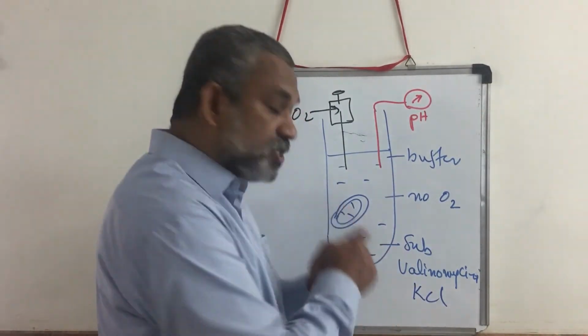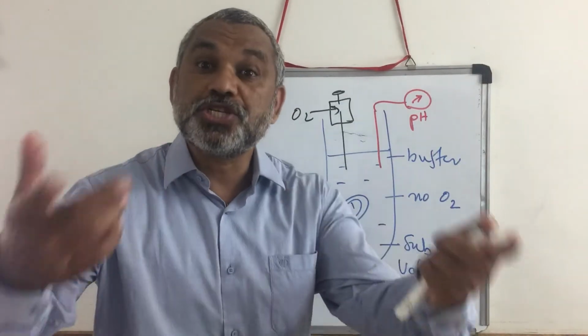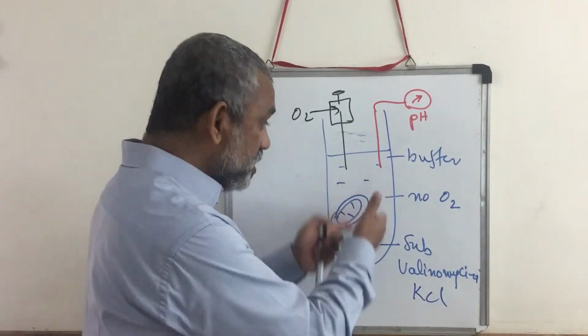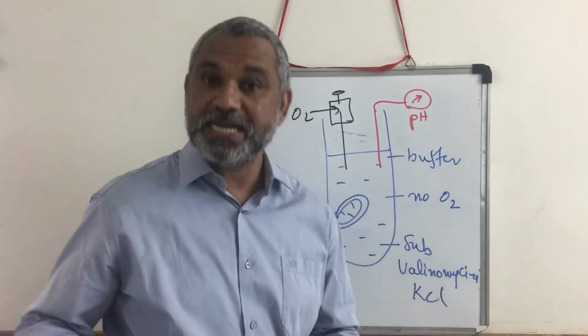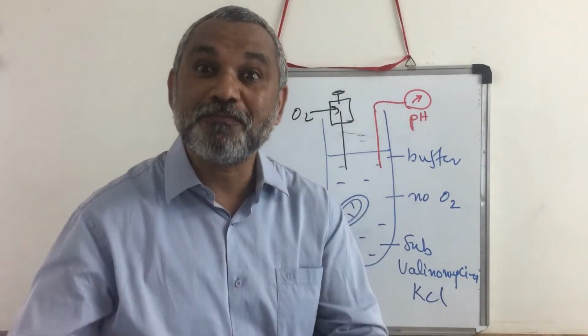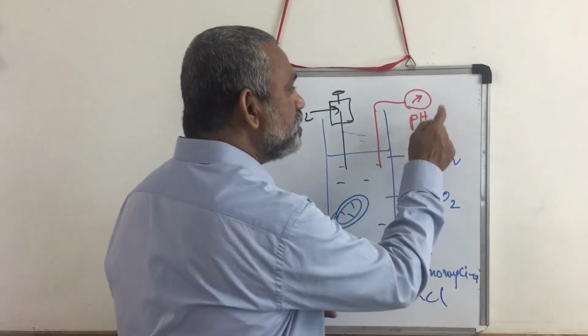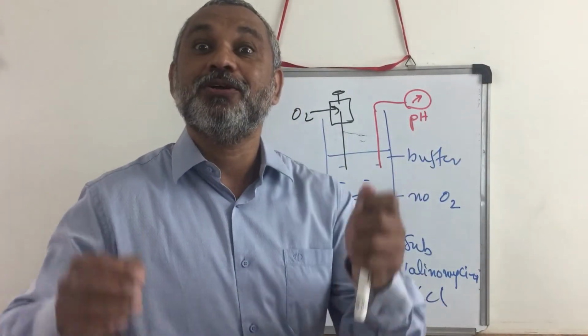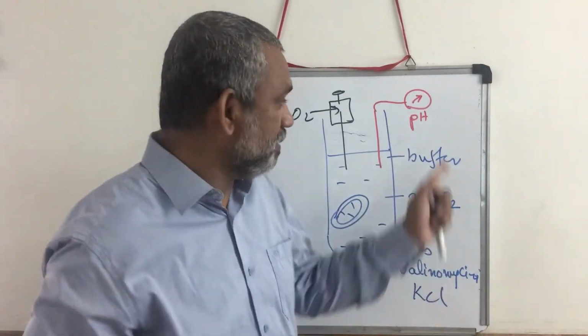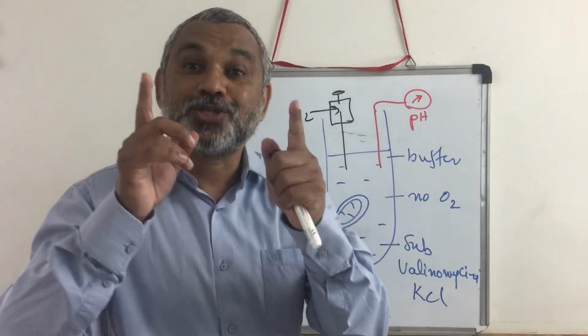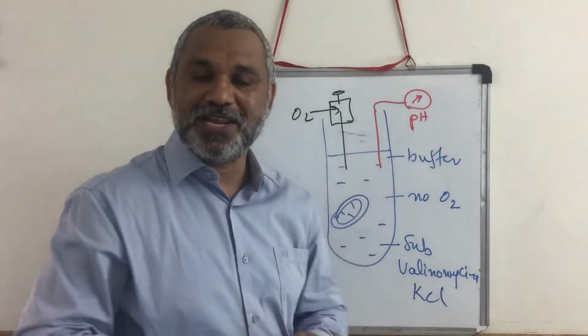When it injects a fixed quantity, extrusion of protons will occur because oxygen is now available, substrate is available, KCl environment is available. So extrusion of protons will happen, and this pH will drop sharply. It will decline sharply as long as oxygen is available.